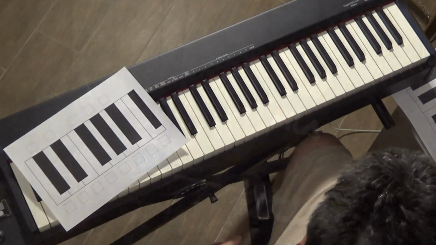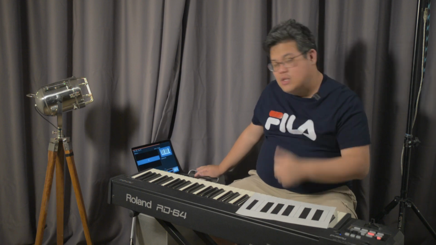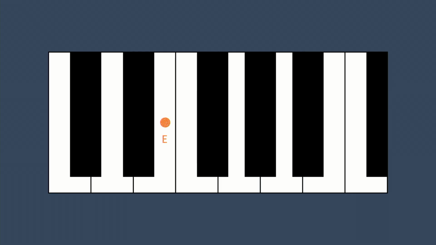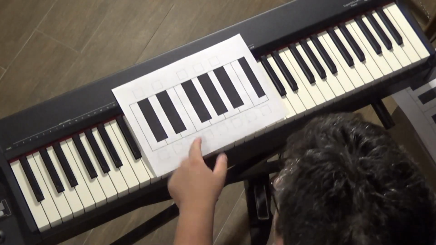Okay? We'll move on to E major, then I'll give you some time to practice. So, how do you find E major? Same thing. You start with E. Find where E is. Now if you notice, this one doesn't have a black note in between.